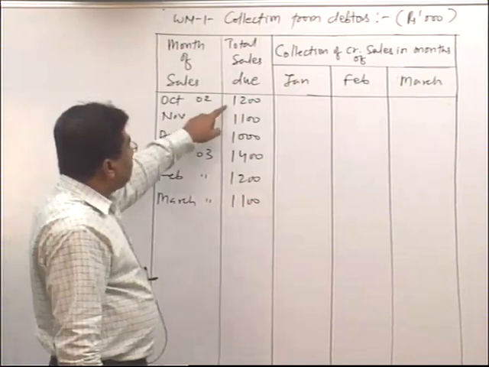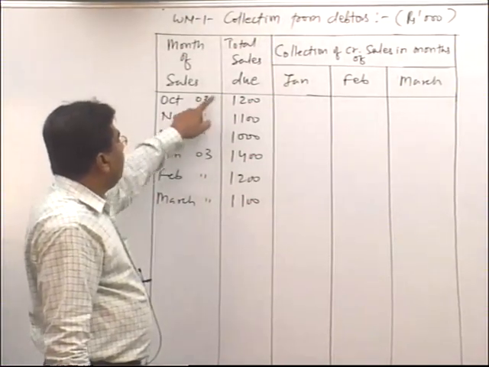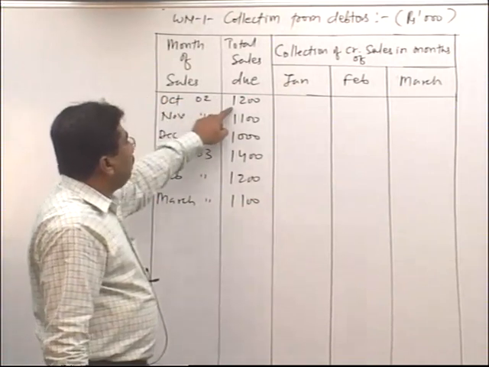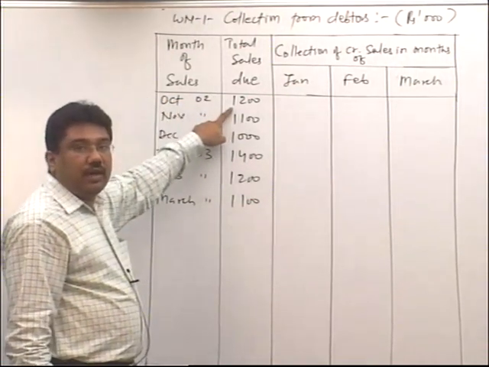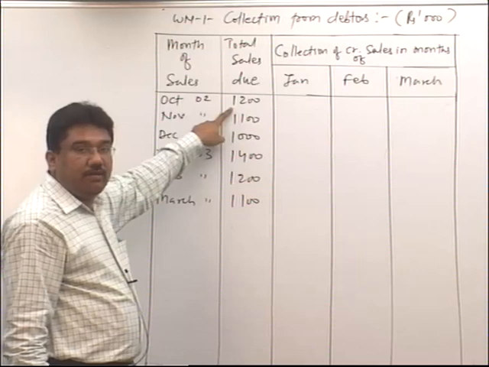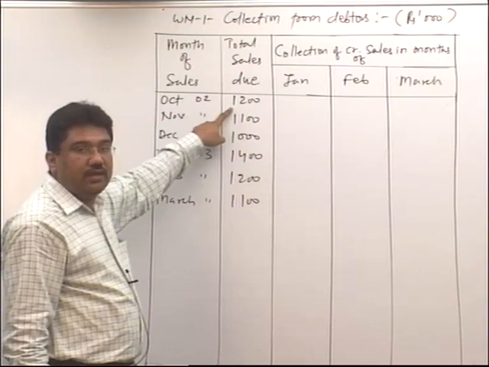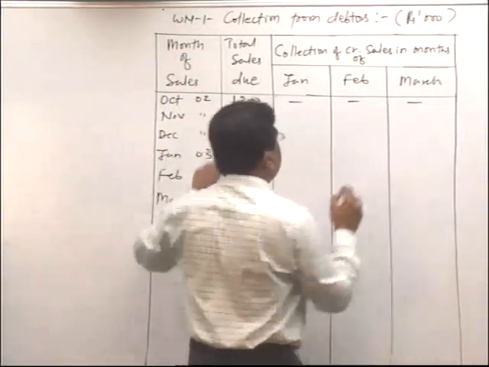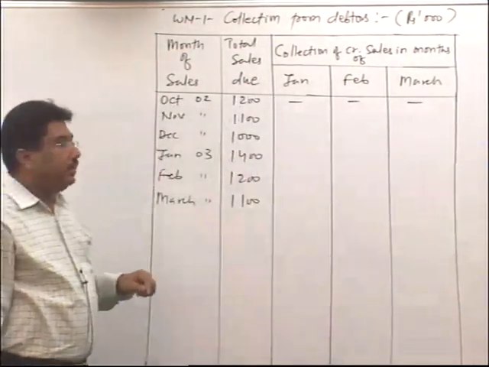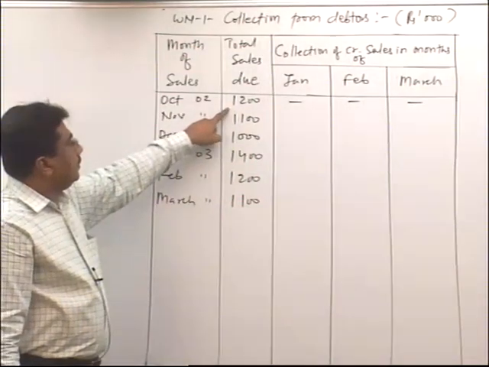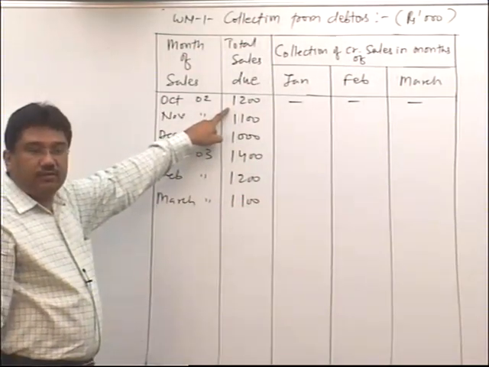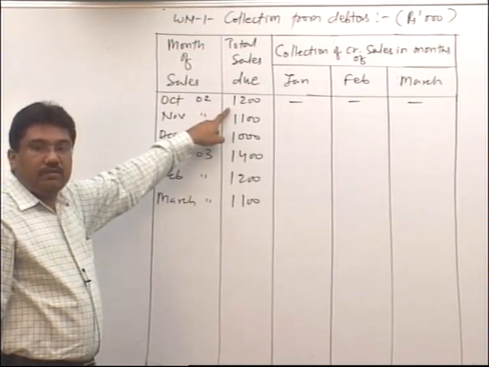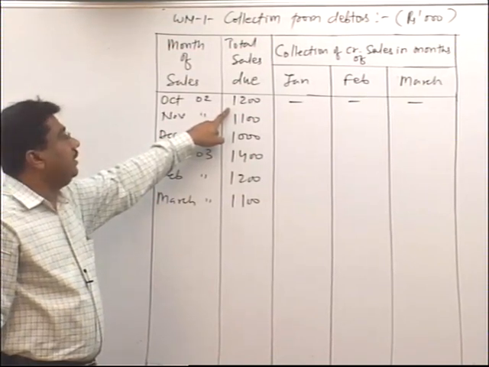Now, see this credit sale of 1200, that is the credit sale of October. 60% of it will be collected in October itself, 30% in November and 5% in December.